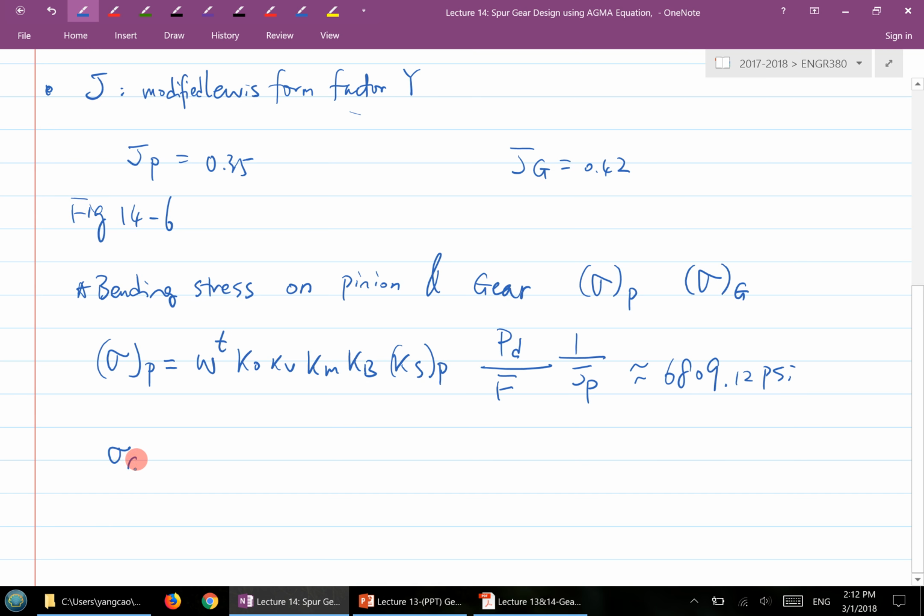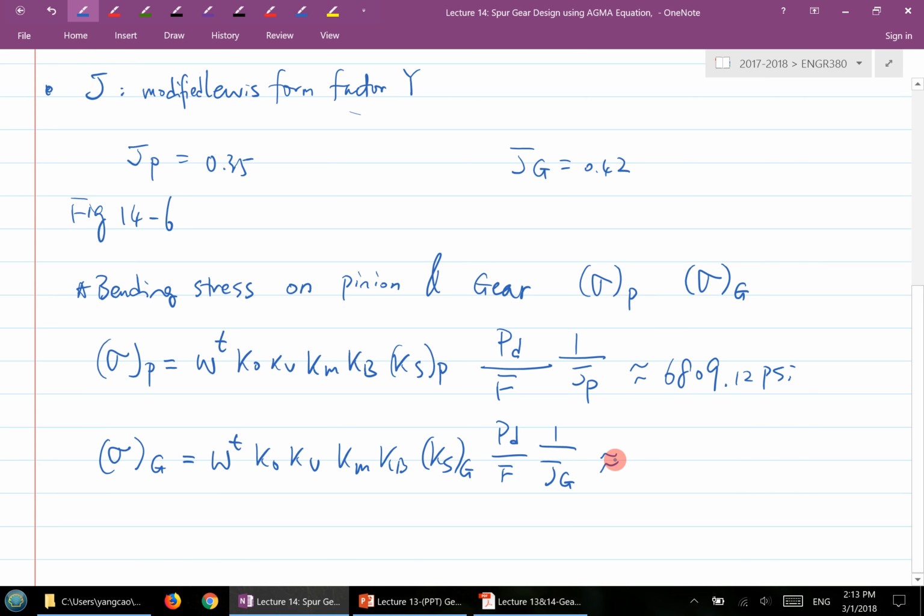Similarly, you can calculate sigma g. The only difference between sigma g and sigma p is this size factor, and also the jg value added here, the geometry factor.